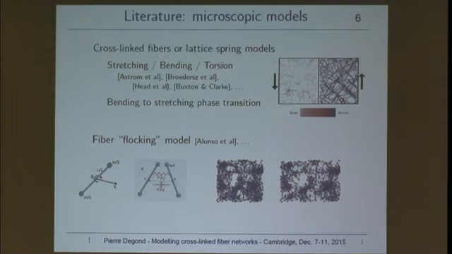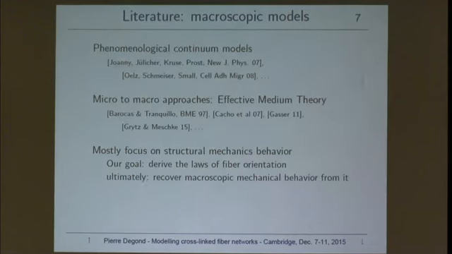There's been interesting works also on a completely different kind of perspective, which are flocking type models, and this has been done by Alonso. And what we are going to do bears some analogy with this, but the mechanism by which we do the flocking is different.